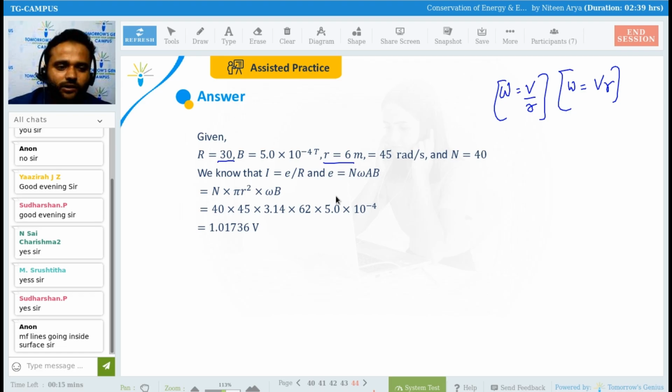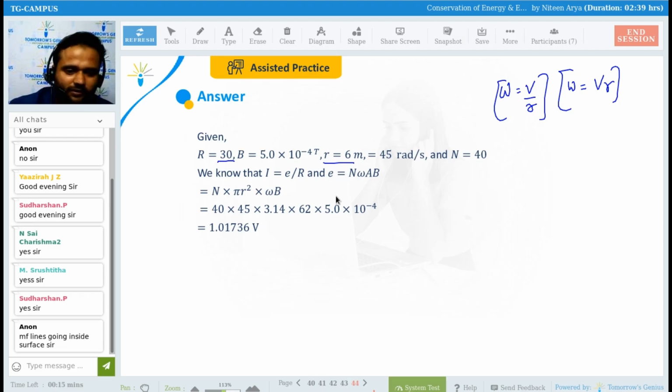Angular velocity is equal to linear velocity divided by radius, or the other way around, I always confuse this. So do this transformation.